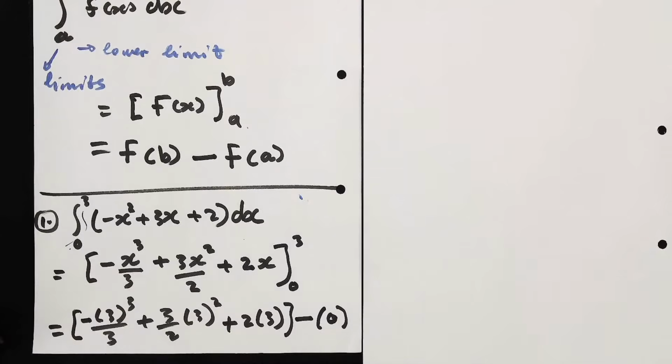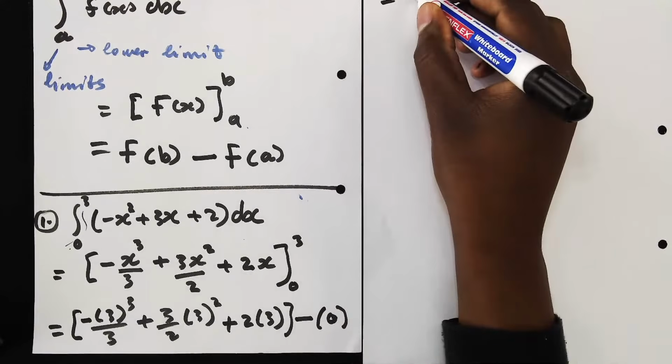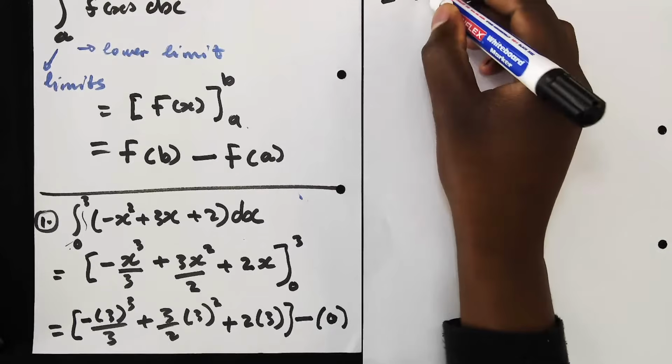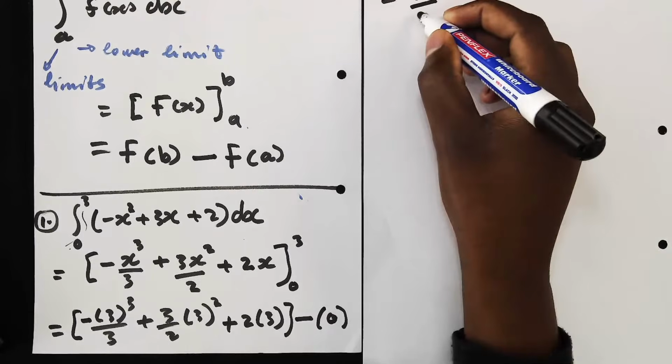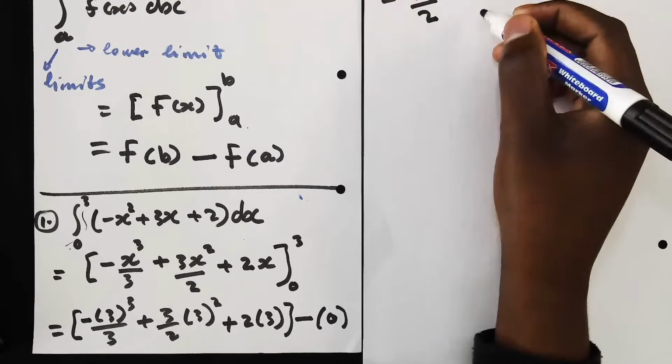Okay, so what will be the solution? The first term, I see I'm having 27 divided by 3, which is 9. Then 3 times 3 squared over 2, plus 6. So the final answer is 21 over 2. Hope we have the same answer.